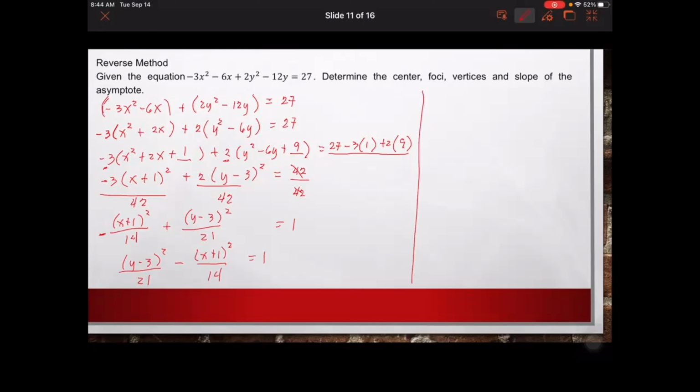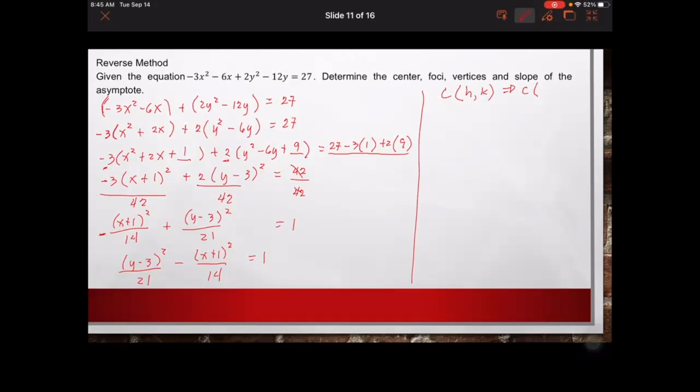Now, from the given, we can find the center. What will be our center? The center is (h, k). So our center is negative 1, because it's reversed. What goes with x? 1.